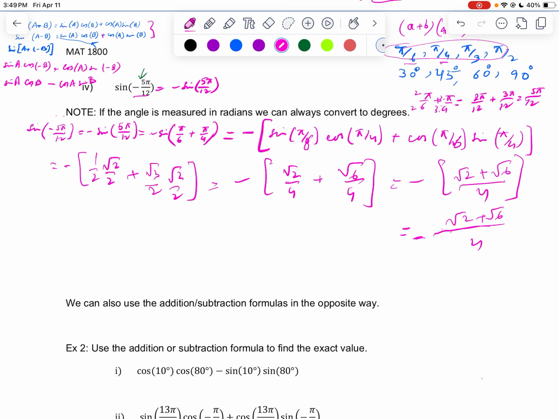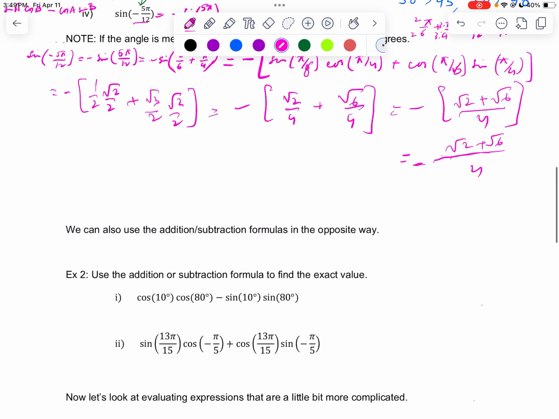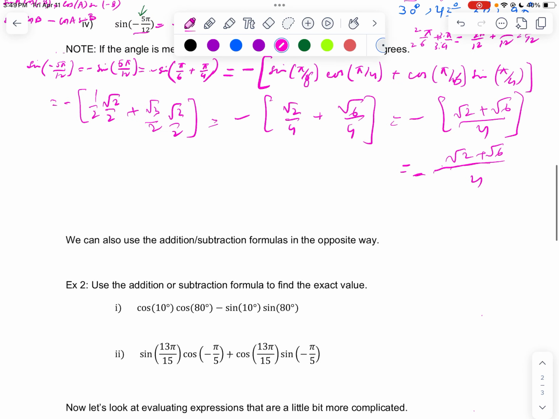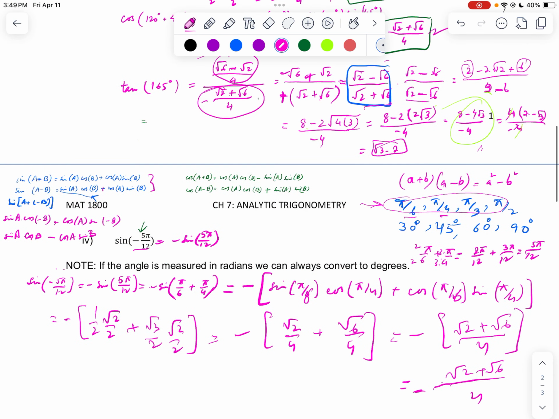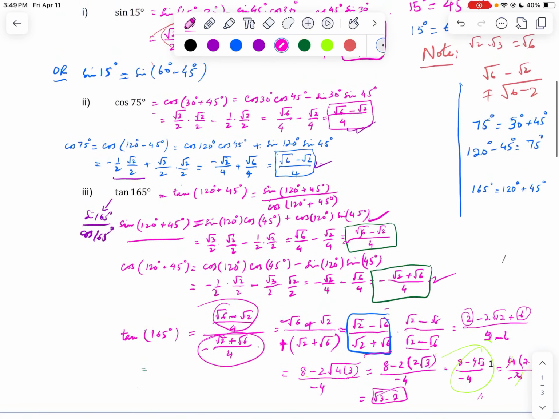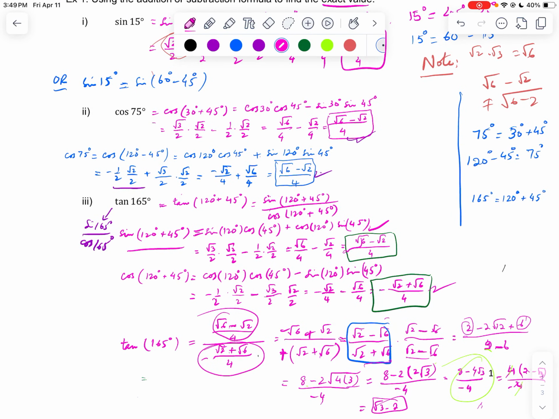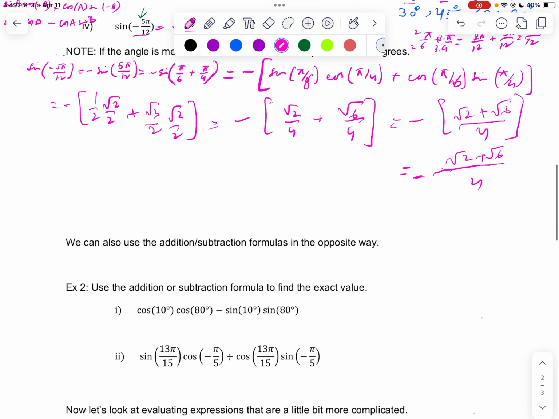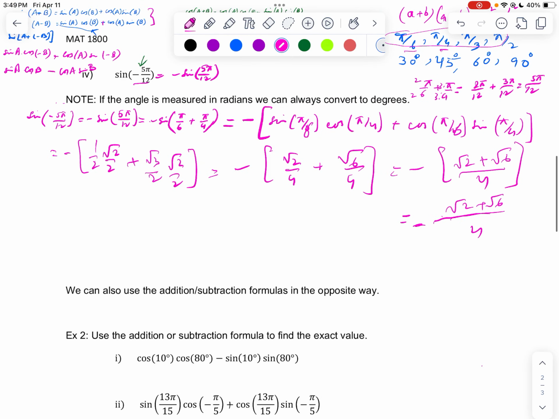By the way, if you have an angle which is a multiple of pi and you don't know how to write it as a sum or a difference of two angles, you always convert it into degrees and then find the two angles whose sum or difference gives you that angle, and then convert it back to radians, meaning in terms of multiples of pi.